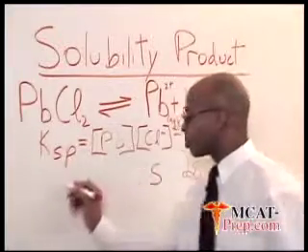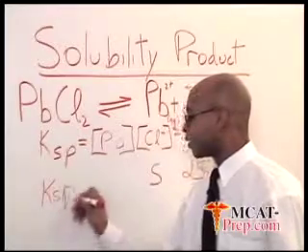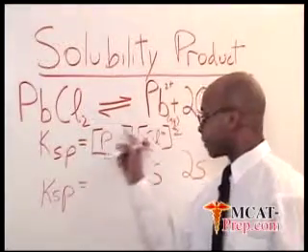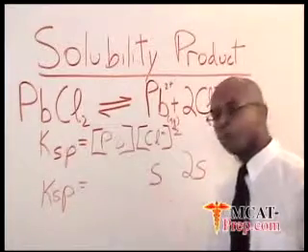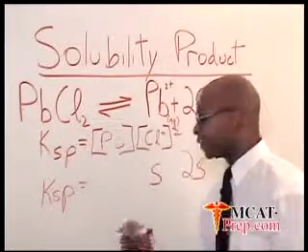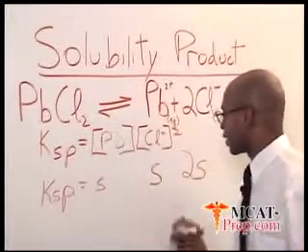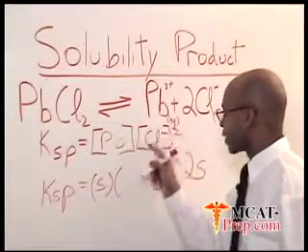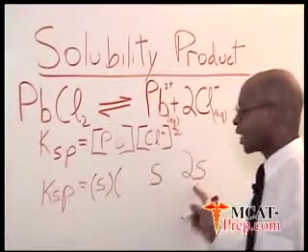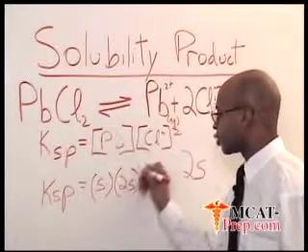So when we write the Ksp expression, that is based on the actual concentrations. But if we were asked about the solubility, then we would write S representing the lead, multiplied by, for Cl-, 2S as being the amount, so we would have (2S) squared.